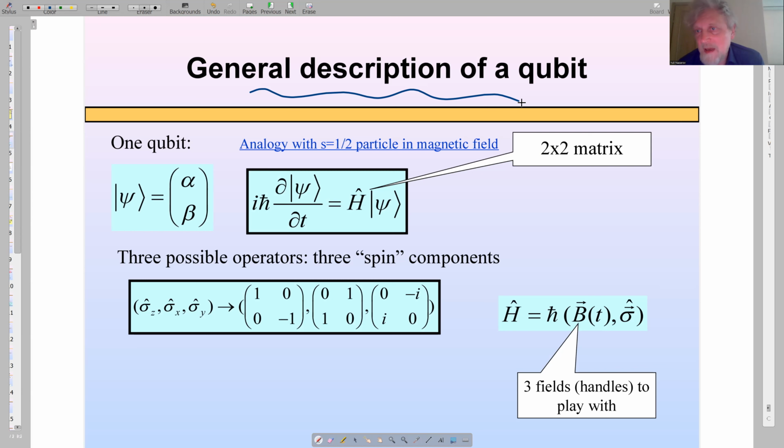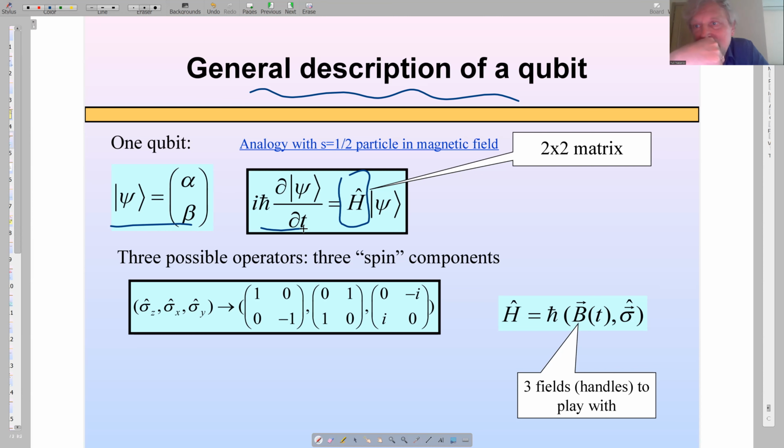It remains the same. The same about qubits. Whatever you make it with, it will be described by a two-component wave function. A two-component wave function necessarily implies that the Hamiltonian, which governs the time dynamics of this function, is a 2-by-2 matrix.